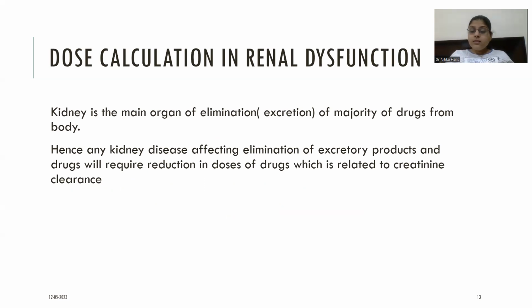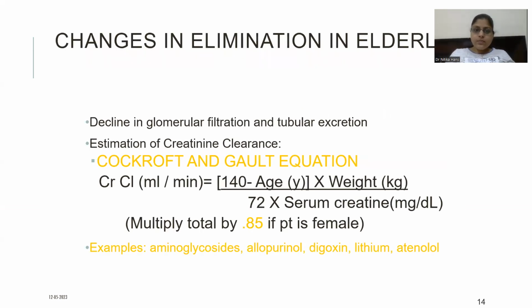It is the more basic parameter or endpoint which we have to know in the patient with renal disease. As the elimination of the excreted products will be reduced, we have to reduce the dose of the drugs also, related to creatinine clearance.